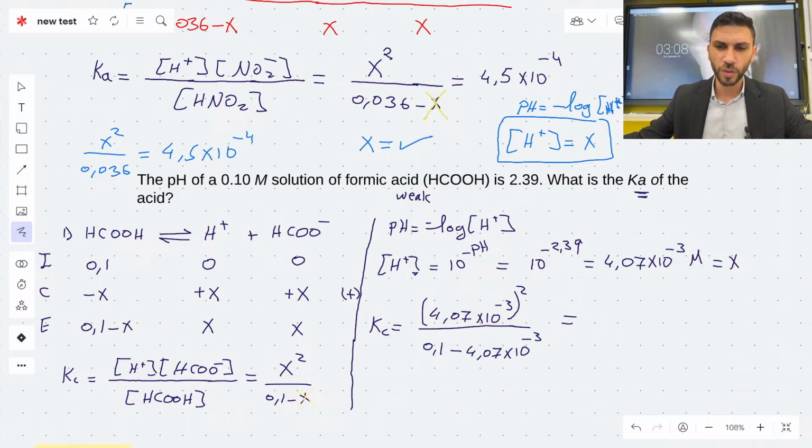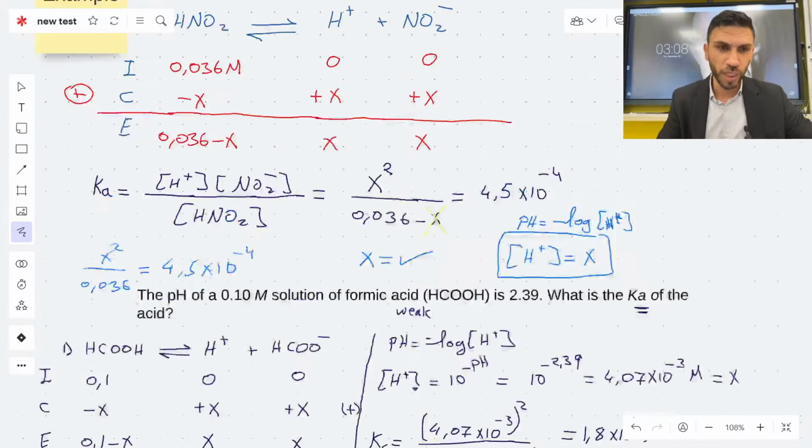And therefore, just calculations, approximately it's going to equal 1.8 times 10 to the power of negative 4.